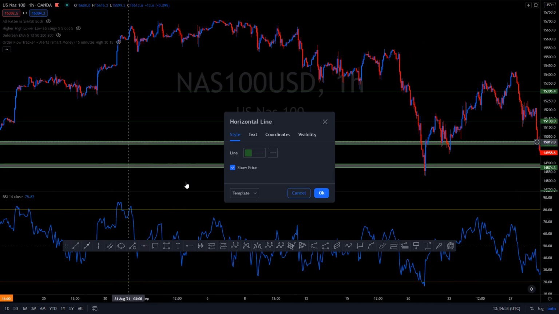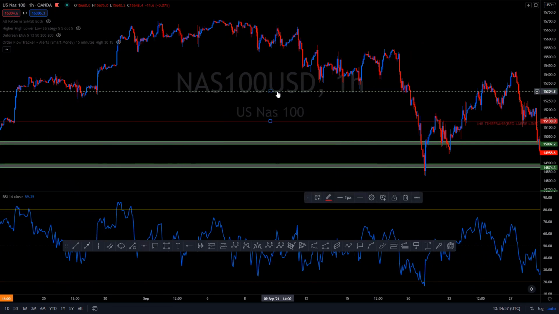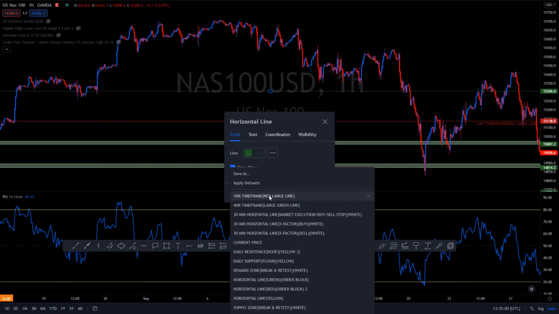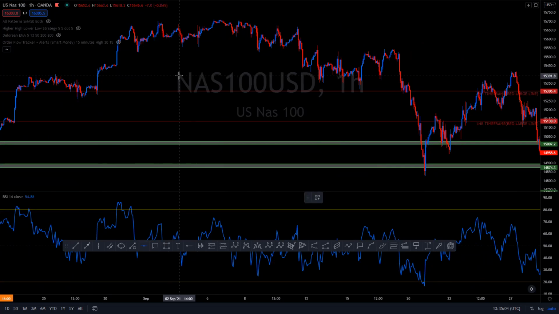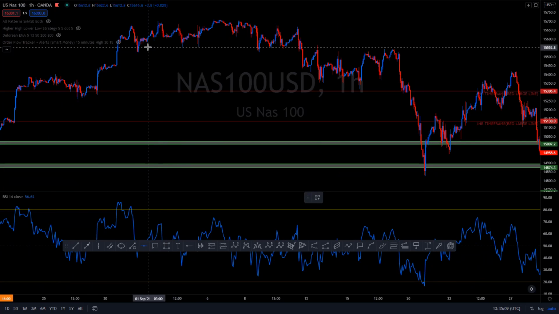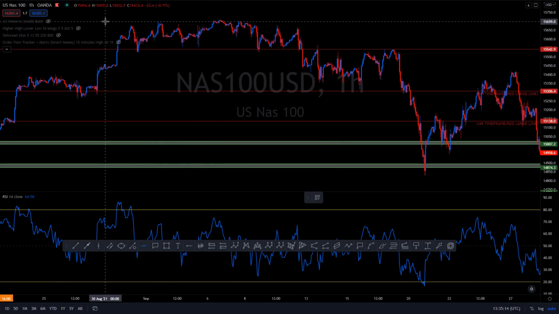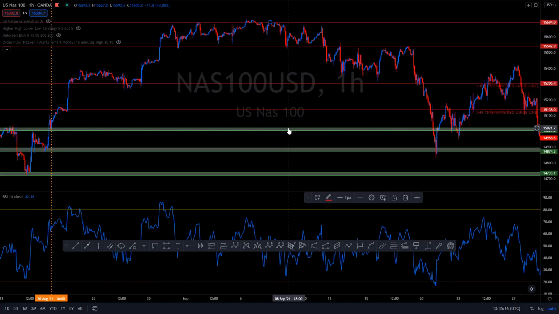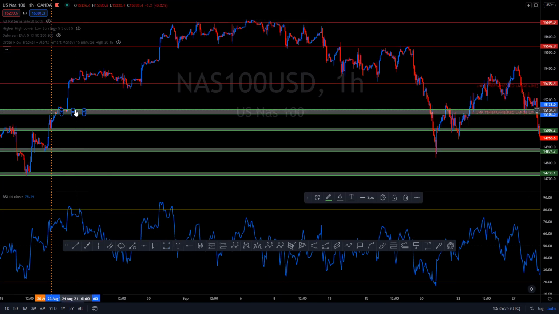Let me actually change this to red. Forgot to do that. All right, now I'm going to draw my supply and demand zones based off these here.